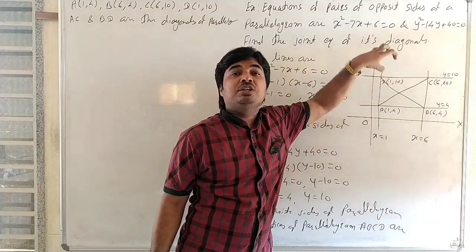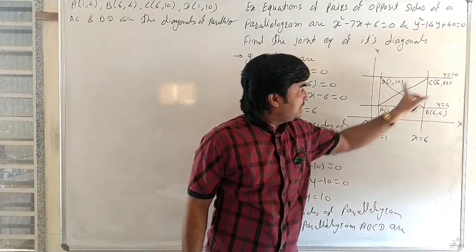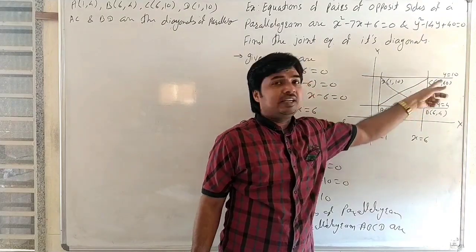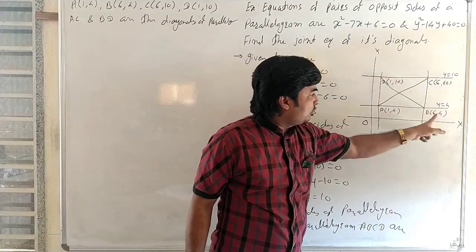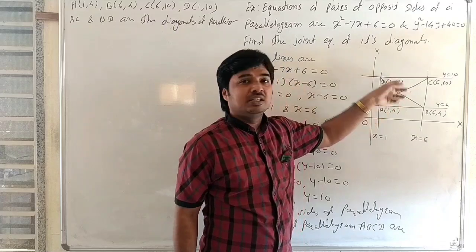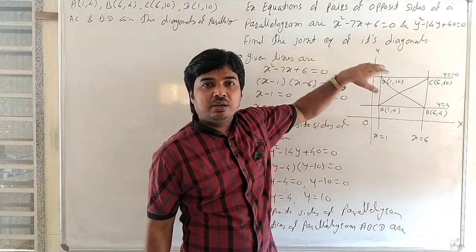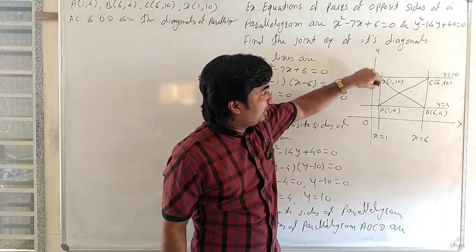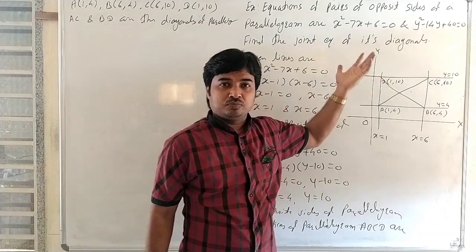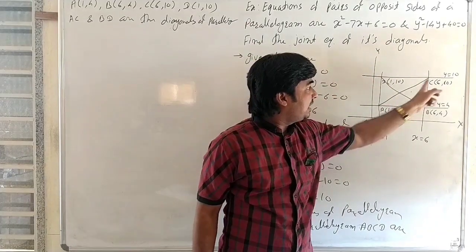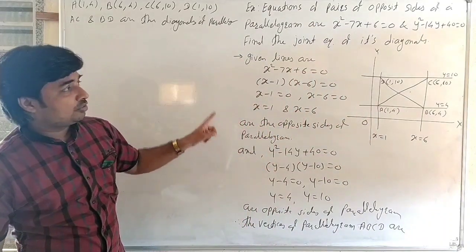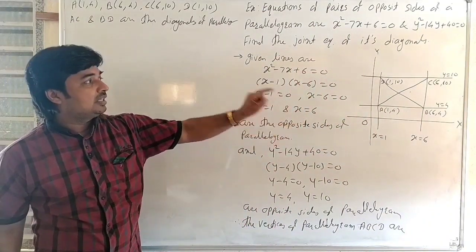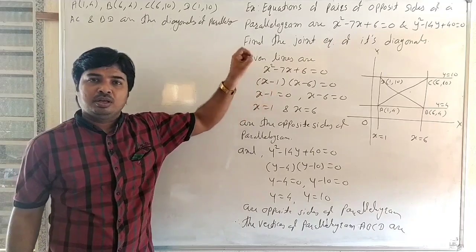First we find the equation of diagonal AC, passing through two points, A and C. Then BD passes through points B and D, so we find the equation of line BD. Then we find the combined equation of lines AC and BD, that is the combined equation of the diagonals of the parallelogram.